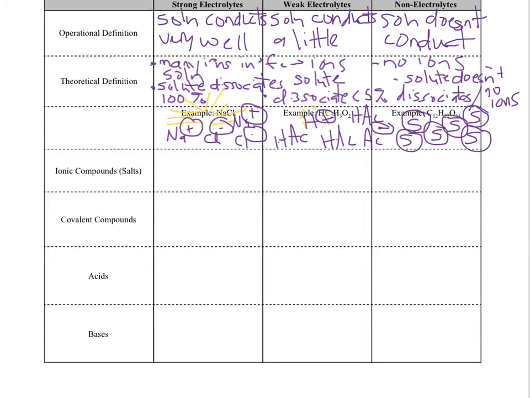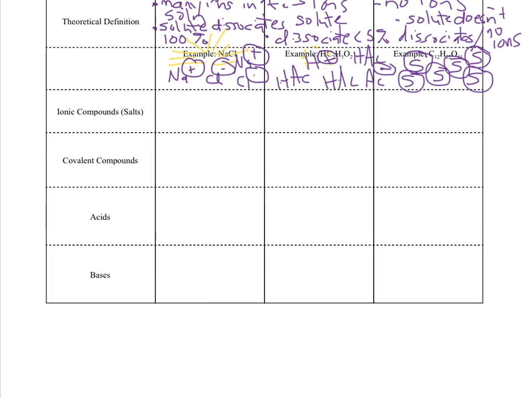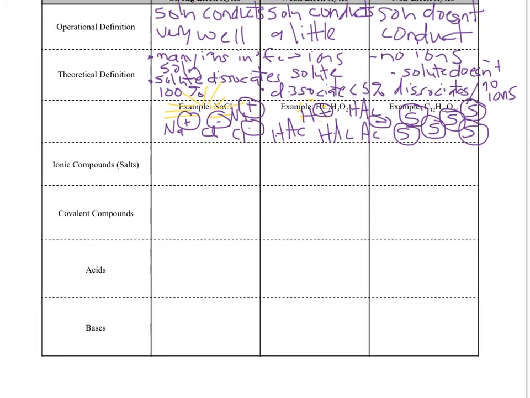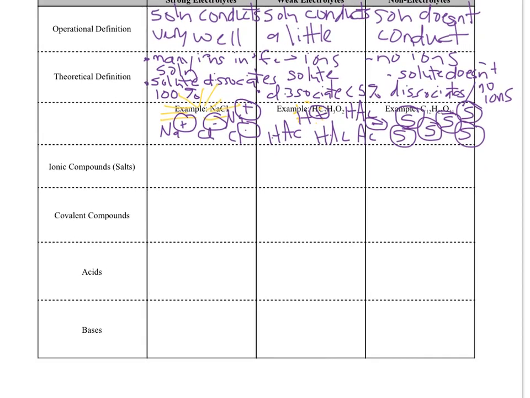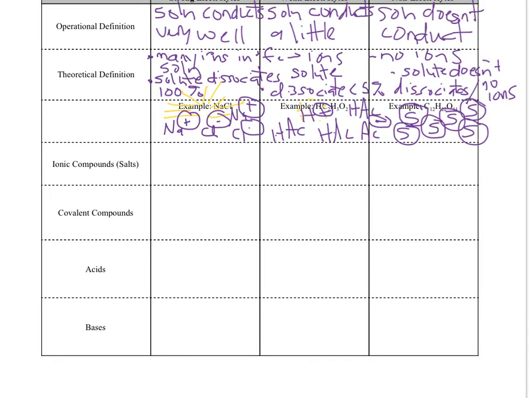Bases are actually another kind of compound that falls under the category of acids. So we're going to add those to our lists, and talk about all those kinds of compounds when they dissolve in water or don't dissolve in water, which of these solutions make good electrolytes and which ones don't.